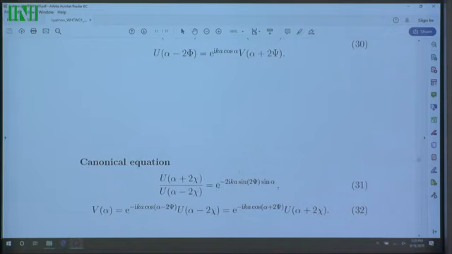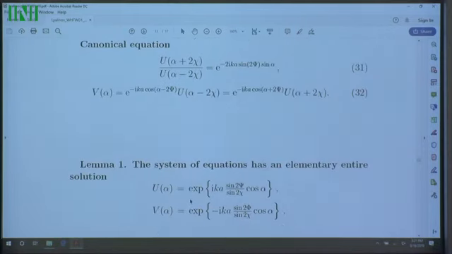It could be considered as a new canonical functional equation, in a sense similar but not exactly the same as the Malyuzhinets functional equation. And a simple lemma says that the desired solution has such a simple and elementary form. It is verified by direct inspection.